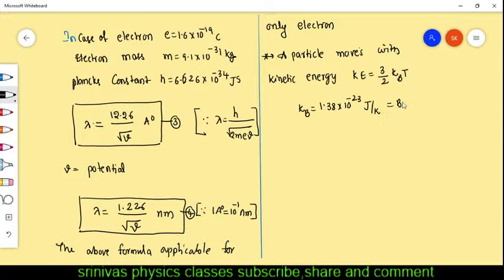You learned this in the first year, in 11th class, kinetic theory of gases. In that kinetic energy formula, we can also write 3 by 2 kBT, where T is the absolute temperature. Absolute temperature means temperature measured in kelvins.